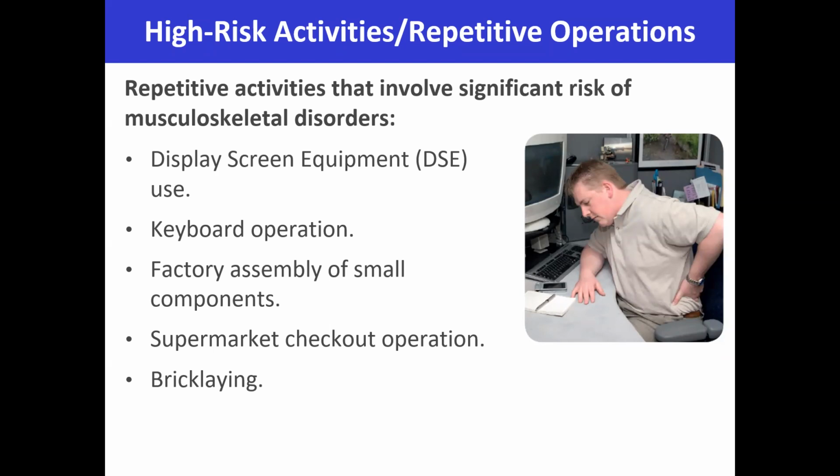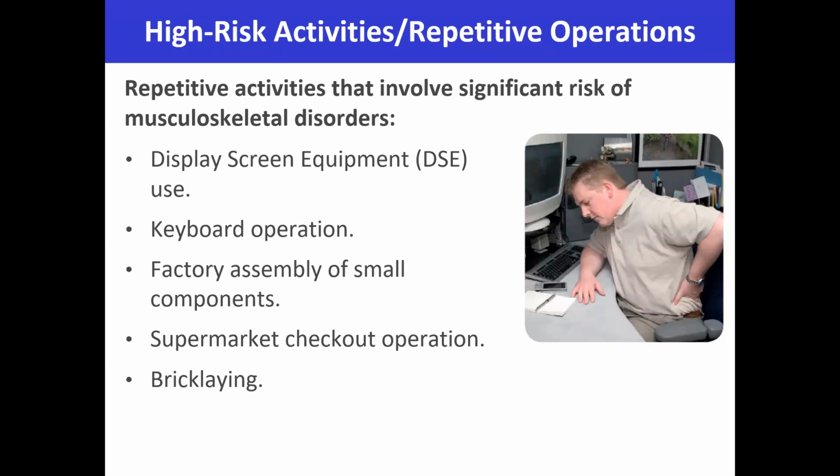Keyboard operation, repeated typing, repeated pressing, repeated motion, causes extra strain on your muscles and your ligaments, and it can cause serious injuries. A lot of people who use a computer and the keyboard for a long time are mostly exposed to a health condition called carpal tunnel syndrome. That affects a lot of people who have repetitive use of their fingers.